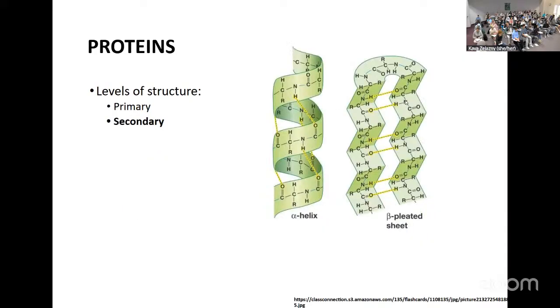Okay. Our second level of structure is as we start to fold this chain. Right? So we've got our polypeptide chain with those covalent peptide bonds all in line. And then we start to twist in different ways, or maybe fold a little bit.